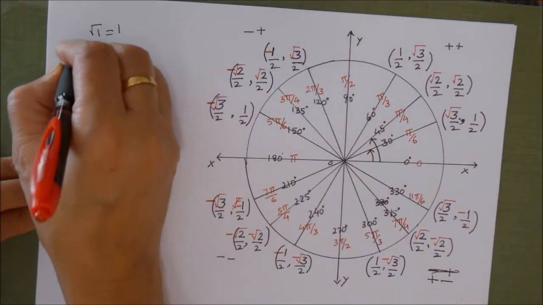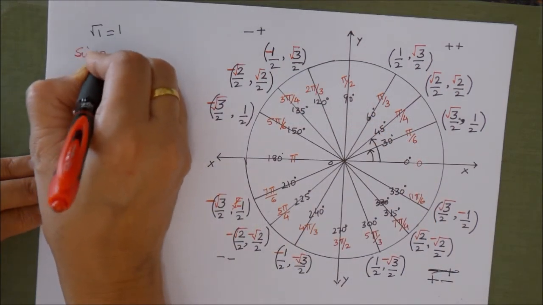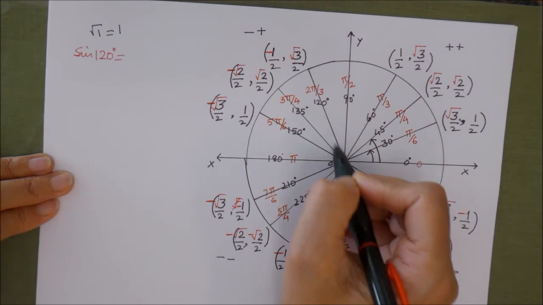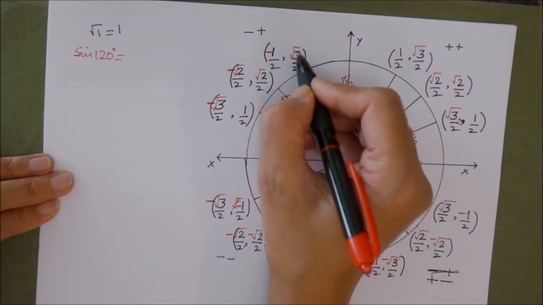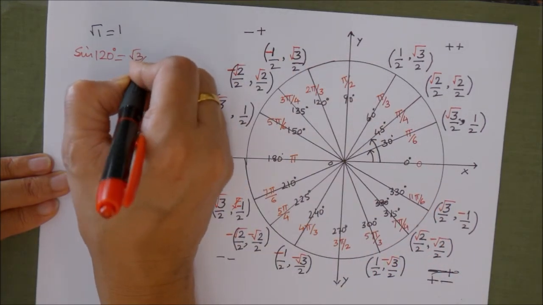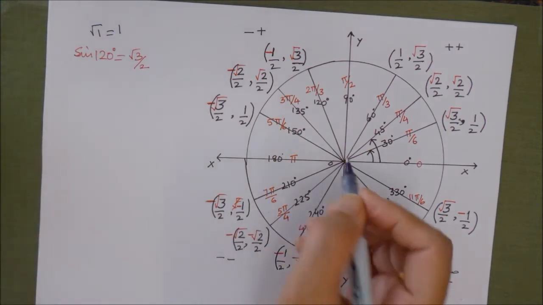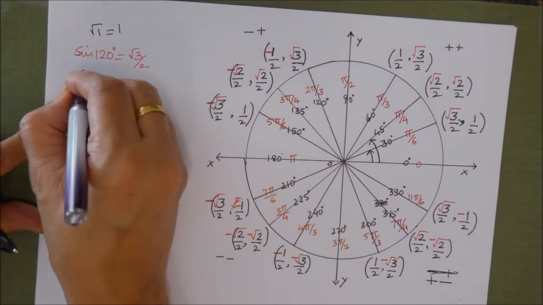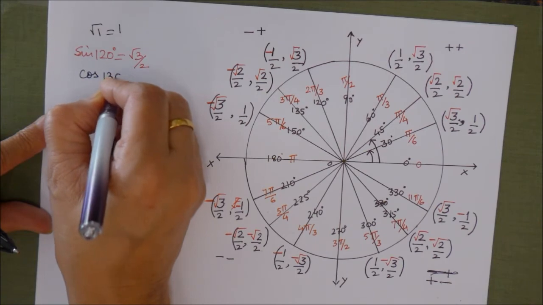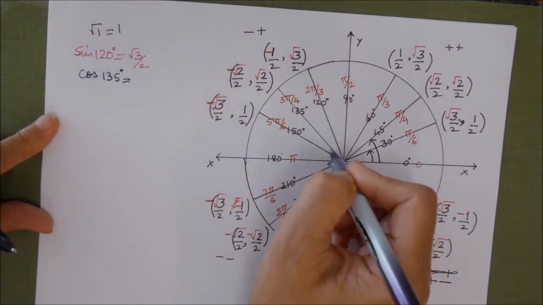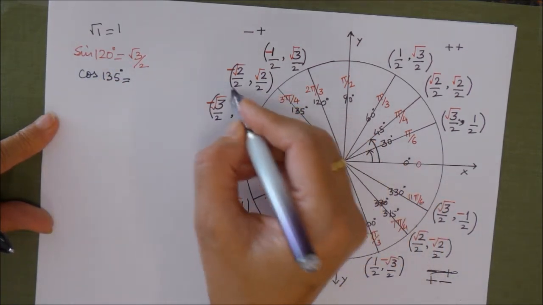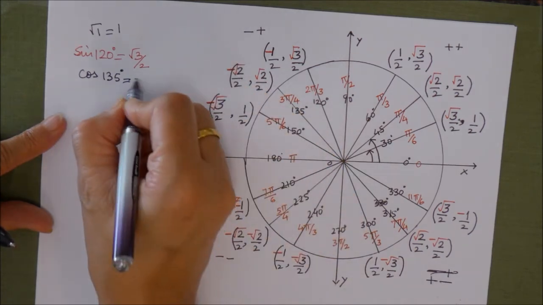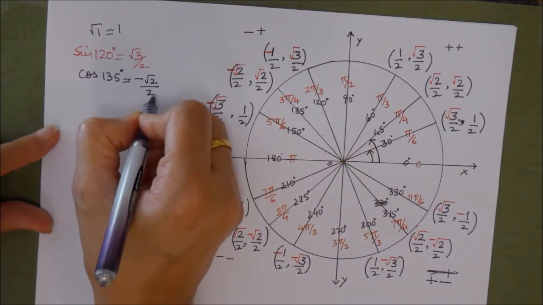So for sine 120 degree, sine is the y part, so it is root 3 over 2. If we have to find cosine of 135 degree, we go corresponding to this, and cosine means the x part, so it is minus root 2 over 2.